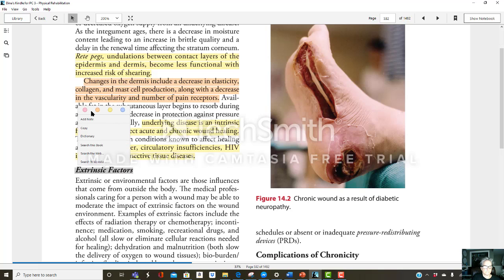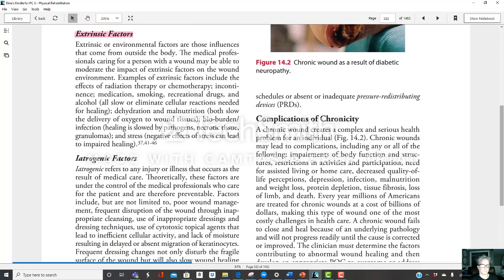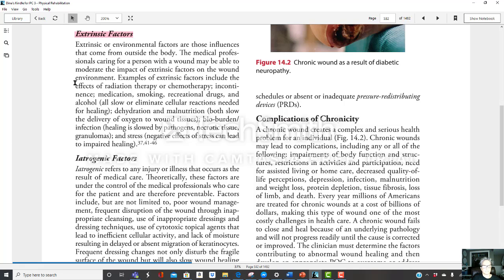Extrinsic factors. Extrinsic or environmental factors are those influences that come from outside the body. The medical professionals caring for a person with a wound may be able to moderate the impact of extrinsic factors on the wound environment. Examples include the effects of radiation therapy or chemotherapy, incontinence, medication, smoking, recreational drugs, and alcohol.